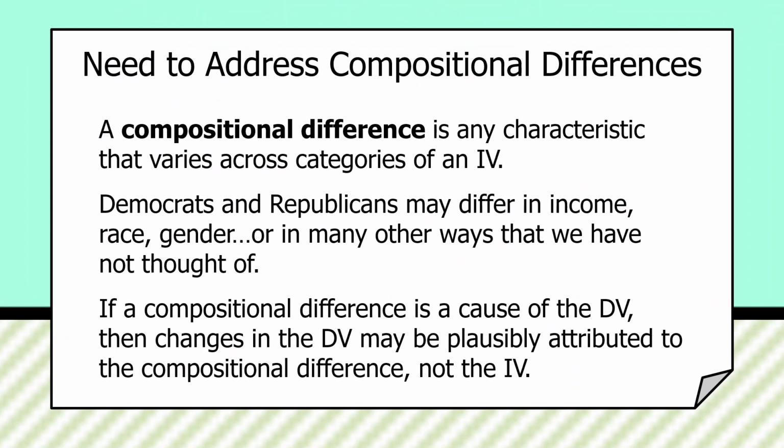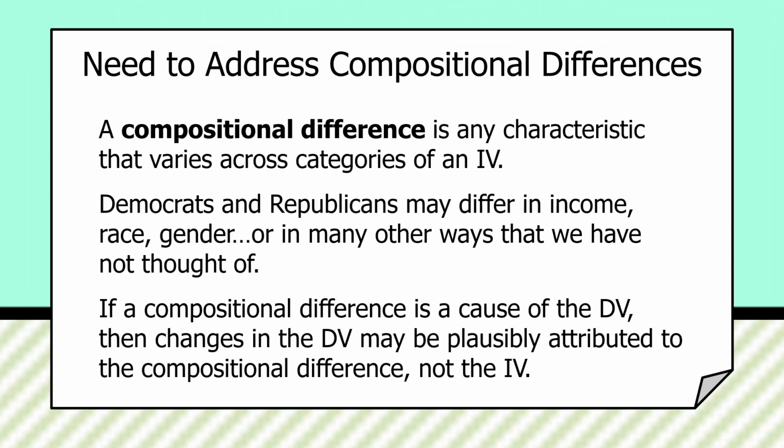In fact, Democrats and Republicans may have compositional differences in many other ways that we have not thought of. And since we don't have random assignment as a tool in our methodological toolbox, we now have to worry about these rival explanations as confounding our favorite hypothesis about partisanship and gun control.